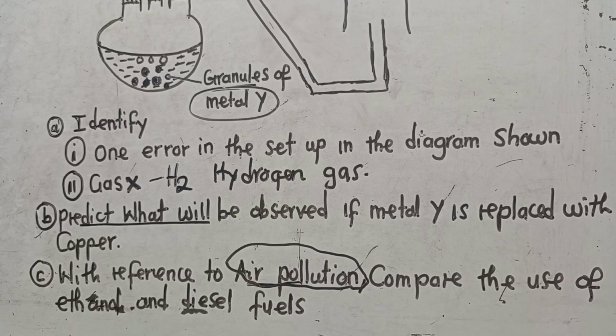When ethanol burns, it produces less carbon dioxide and carbon monoxide, whereas when diesel burns, it produces a lot of carbon dioxide and carbon monoxide. In other words, when ethanol burns, it is going to produce less carbon dioxide and carbon monoxide.